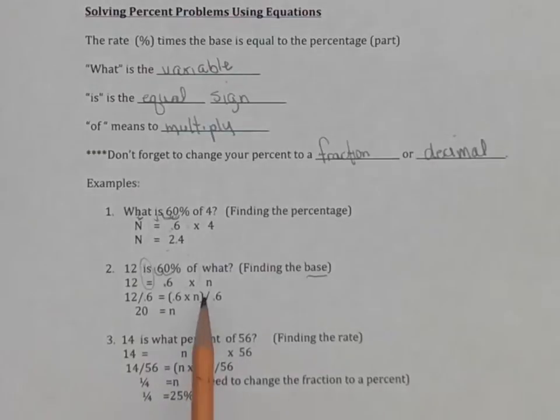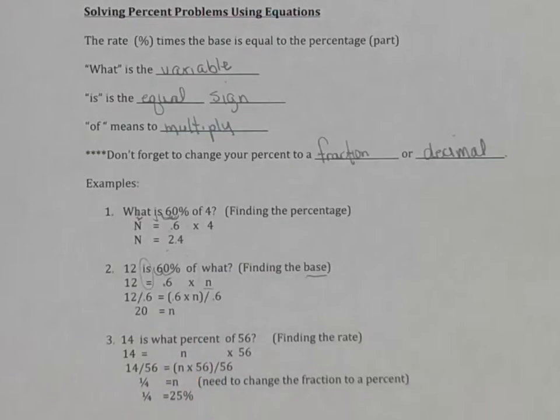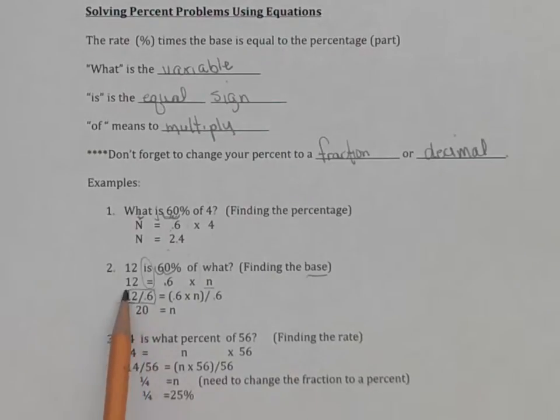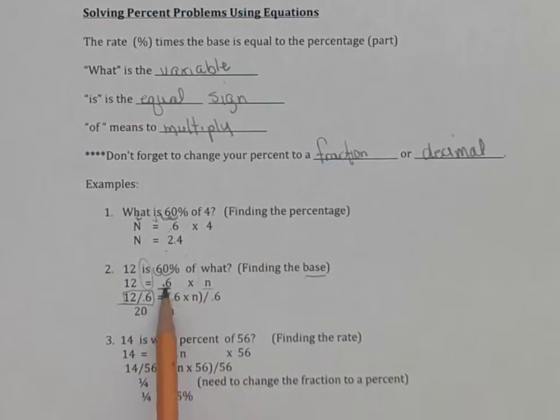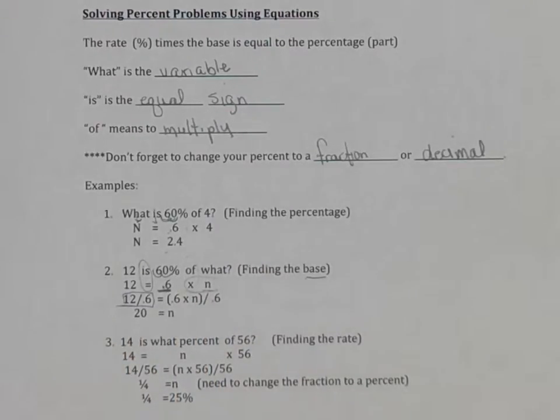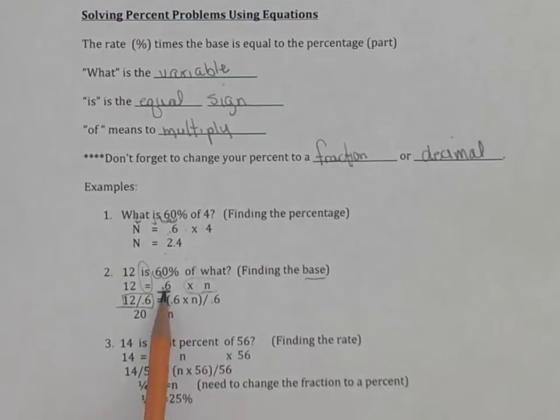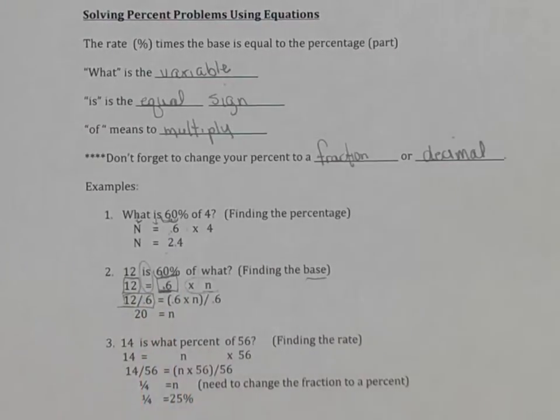So we need to know what this number is. What number times 0.6 will give me 12? In order to find that out, we got to divide 12 by 0.6. We got to get rid of this 0.6 over here to get n by itself, all right? So 12 divided by 0.6 is equal to 20. So take this number here and divide it into the number over here, all right?